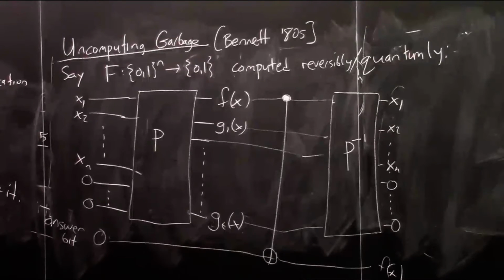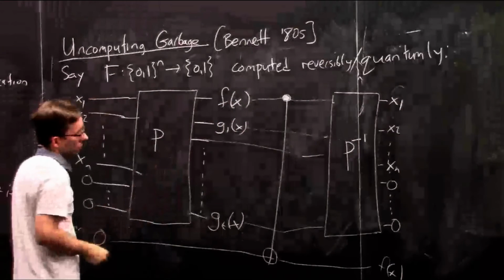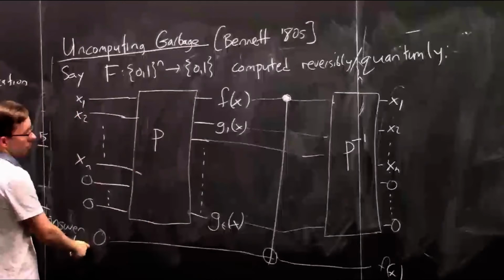So you're saying f of x is entangled with x1 or x2 or something, because in the middle the answer bit is entangled with the first bit. This bit is entangled with, wait, the answer bit, this one, after you do the CNOT, right? Yes.